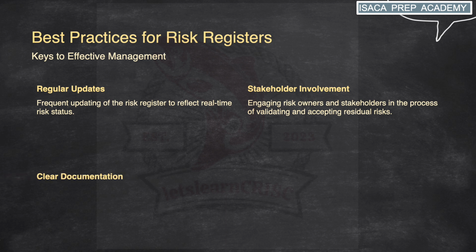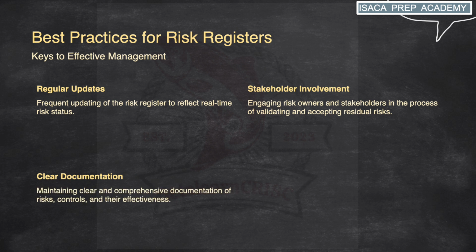Moving next, we'll discuss the clear documentation. Friends, under clear documentation, maintaining clear and comprehensive documentation for risks, controls and their effectiveness is essential for effective risk management within the company XYZ.